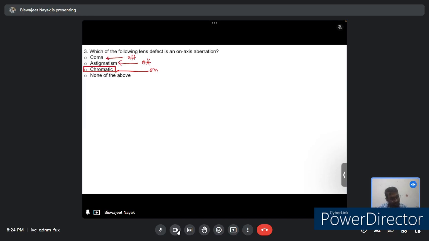Next, the overall resolving power of optical microscope depends on: numerical aperture of objective and illuminating system, numerical aperture of condenser and objective, or numerical aperture of condenser and illuminating system?